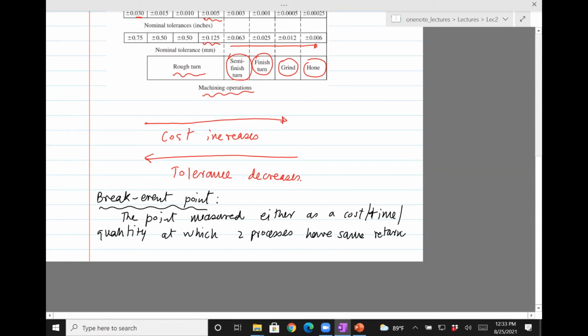Okay, that is, before reaching the break-even point, one of the machines, or one of the processes, would be better than the other one, and past that break-even point, the other one would outscore the first one.